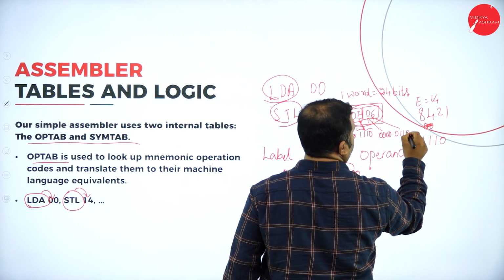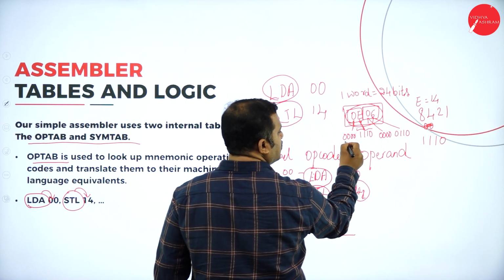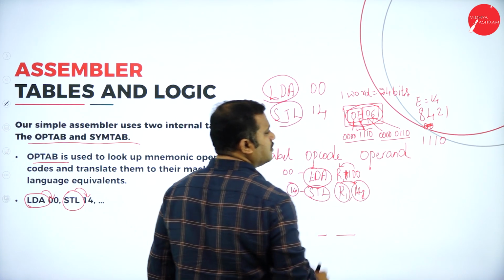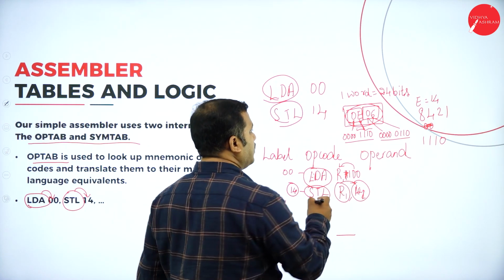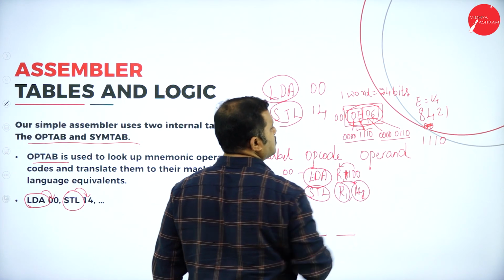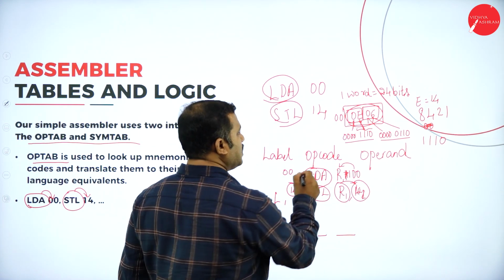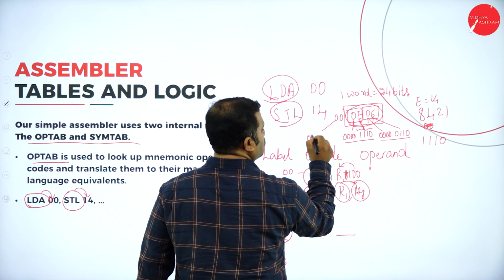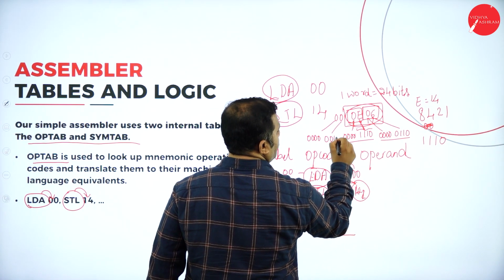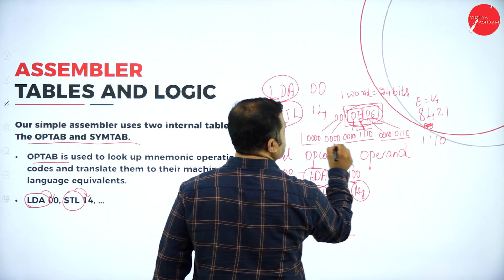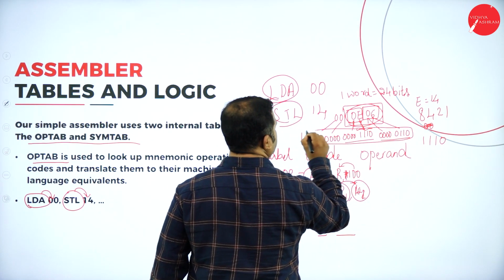4, 2, 1. So totally we have 8, 8, 16. Two more bits, two more pieces of information are required, that is this at the end. So this can be represented as 4 more bits, 0, and this 0 can be represented as 0. So totally this corresponds to one word.